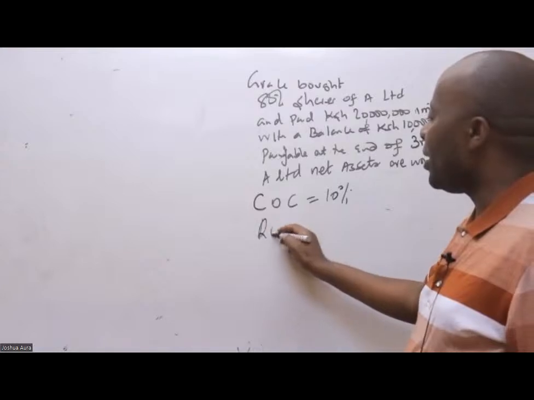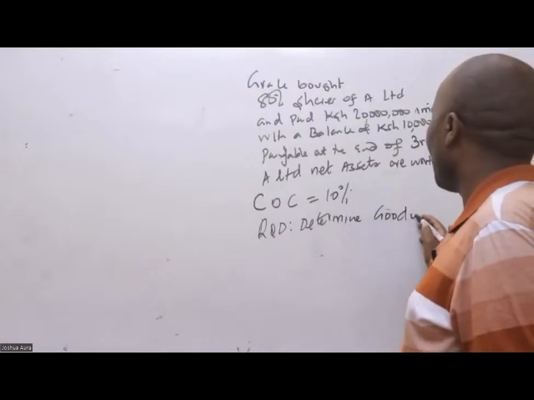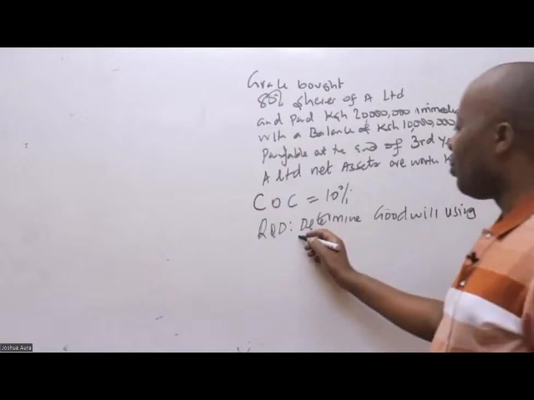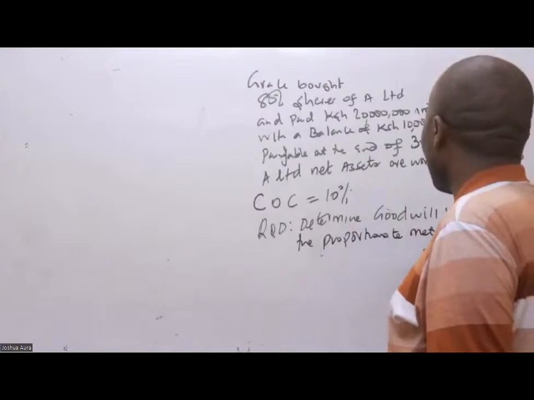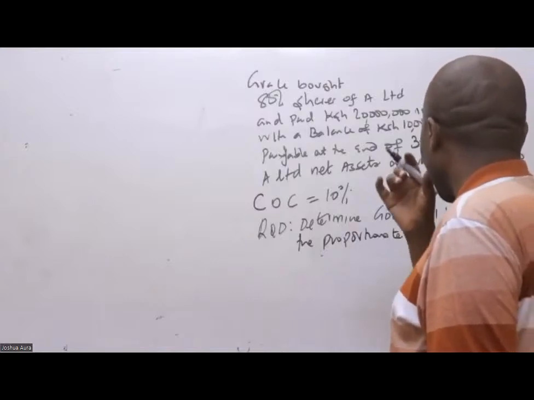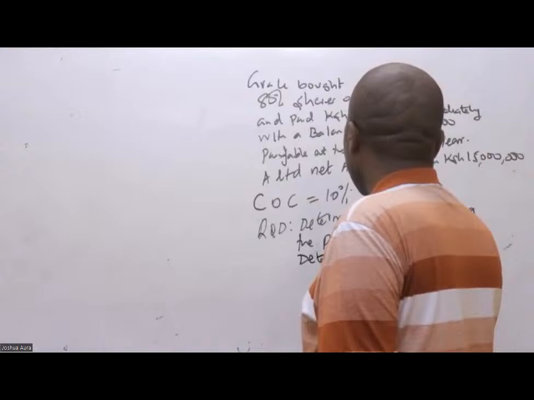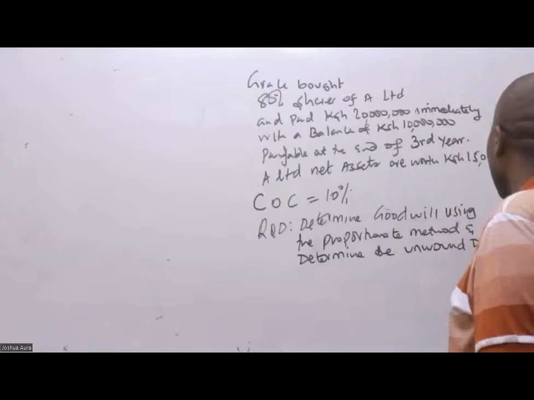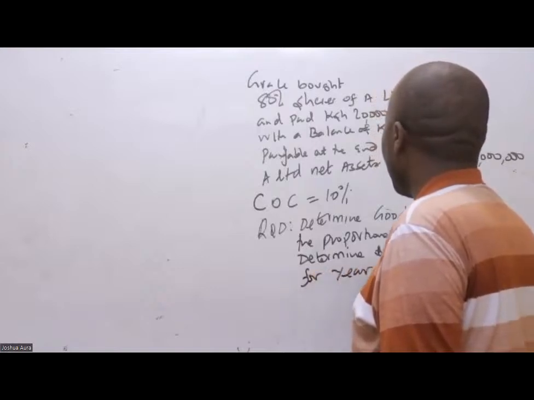And then we are required here to determine goodwill using the proportionate method, and determine the unwound discount for year 2.